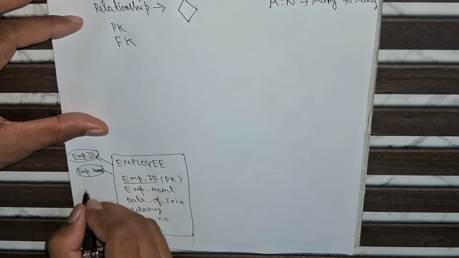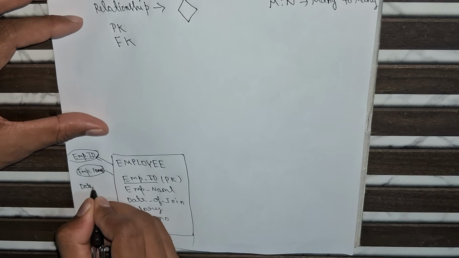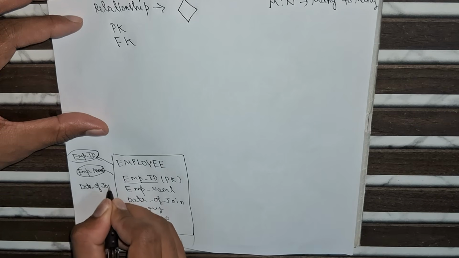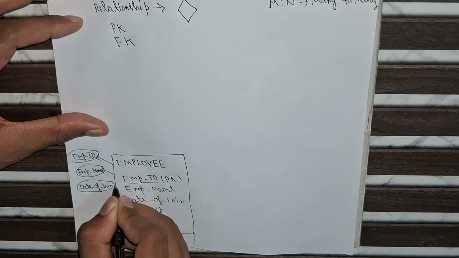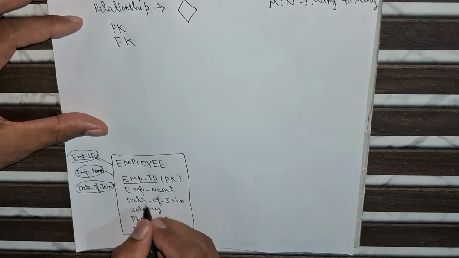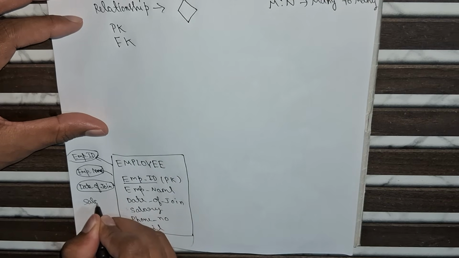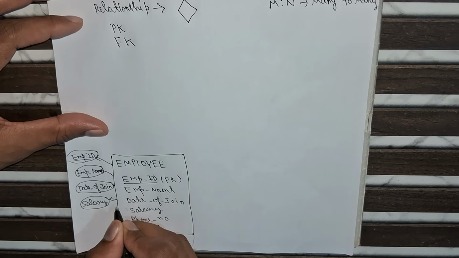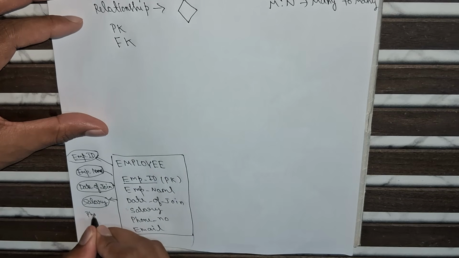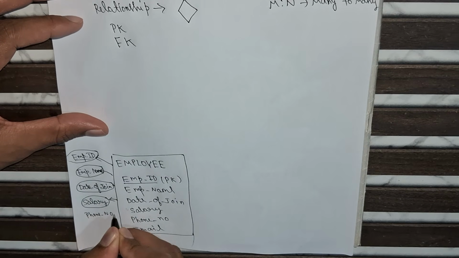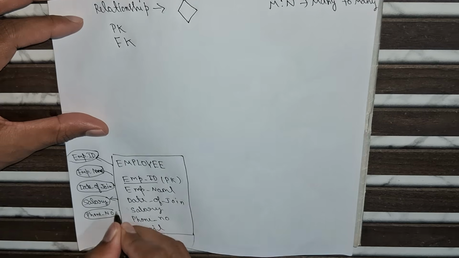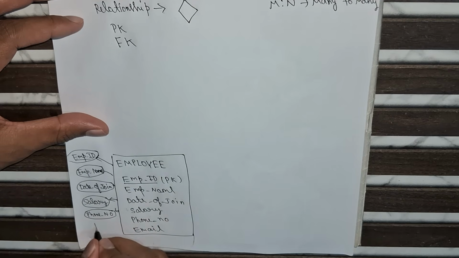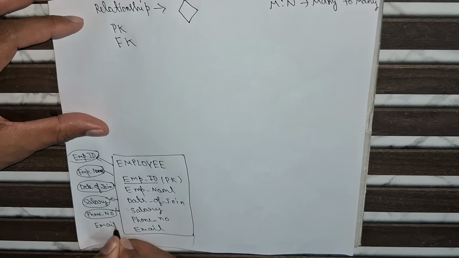Now date of join, it is also in ellipse shape. Then salary, phone number, it is also in ellipse shape, then email. So now our first entity is completed.